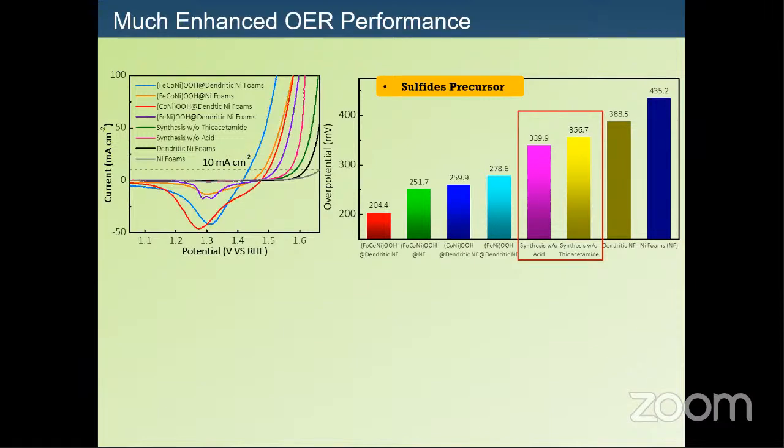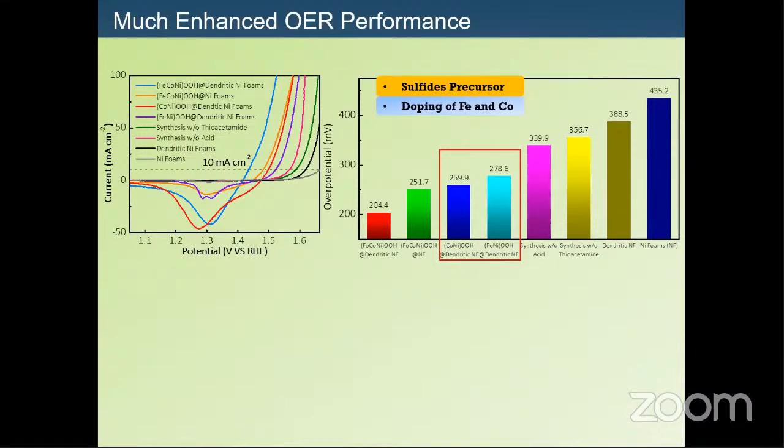It clearly shows that without the sulfide precursor, the overpotential is more than 130 millivolts higher. If there is no ferrite and cobalt doping, both provide the worst OER performance, exhibiting about 60 to 70 millivolts higher in the overall potential.